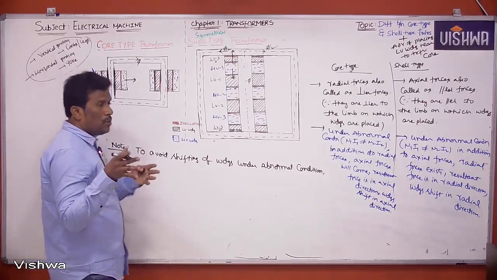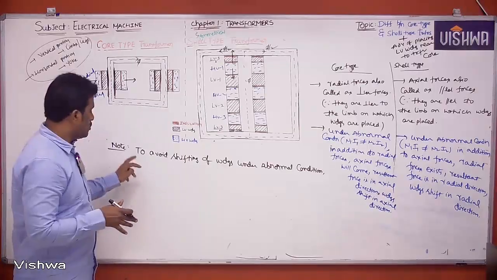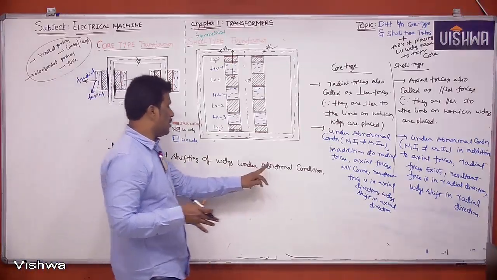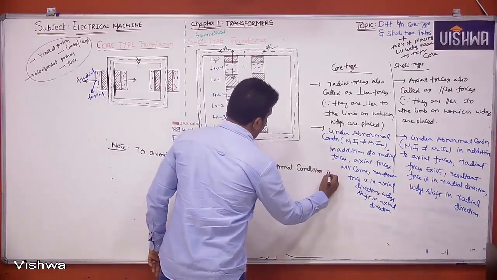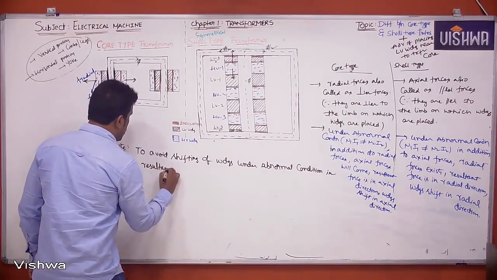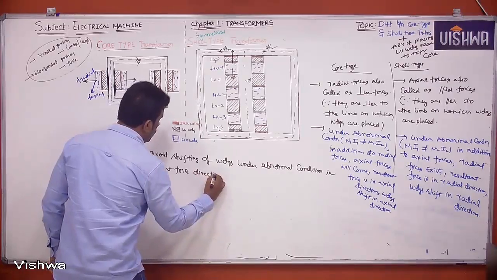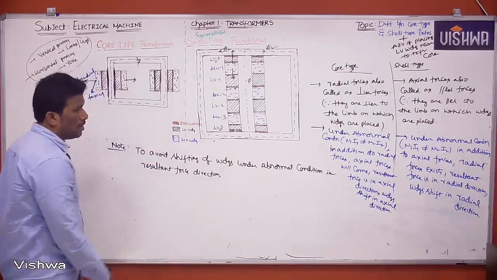So tell me in which direction your windings are shifting: in a resultant force direction. To avoid shifting of windings under abnormal condition in the resultant force direction, what we have to do? Are you getting my question?